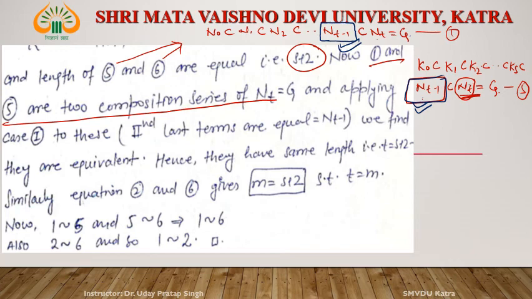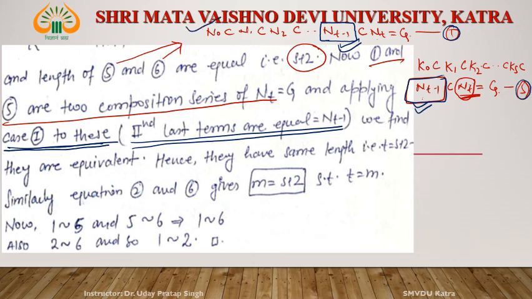Right? So I write here in case first, second last term equal to Nt-1, both are same. Therefore, by case first, these two series 1 and 5 both are equivalent. Series 1 and 5 are equivalent.